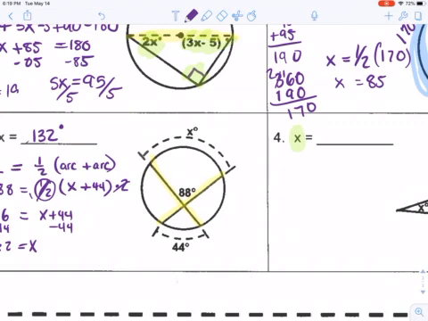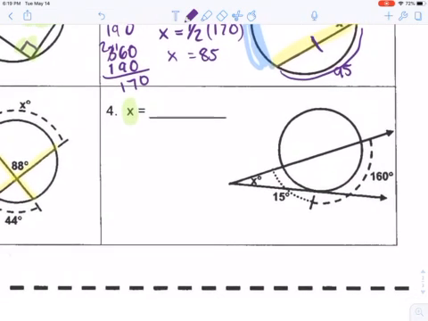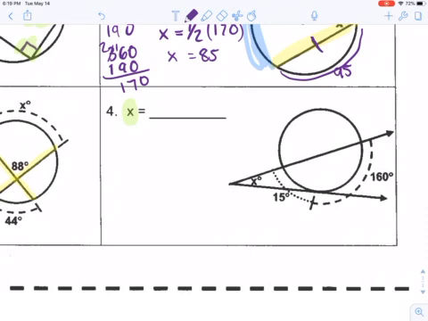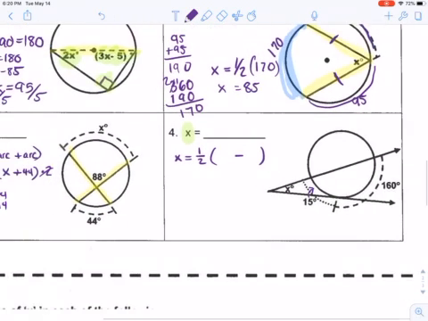Now we just have one more to do. This is the one where the angle is outside. So when the angle is outside, pretty sure this 15 degrees goes there. It does. When the angle is outside, x is no longer 1/2 the sum, but rather it's 1/2 the difference. So we can find x by taking the difference of the two arcs. We have this arc and we have this arc.